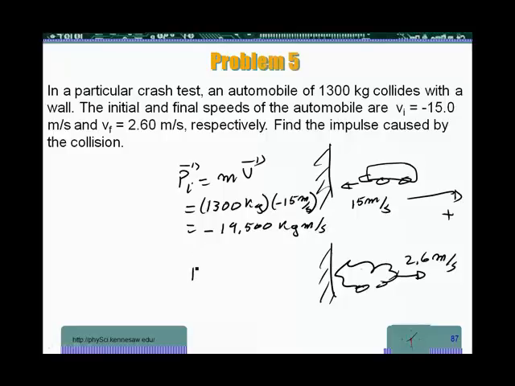Now my final momentum is going to be the mass of the car times its velocity, and in this case it's going to be 1,300 kilogram times plus 2.6 meters per second.